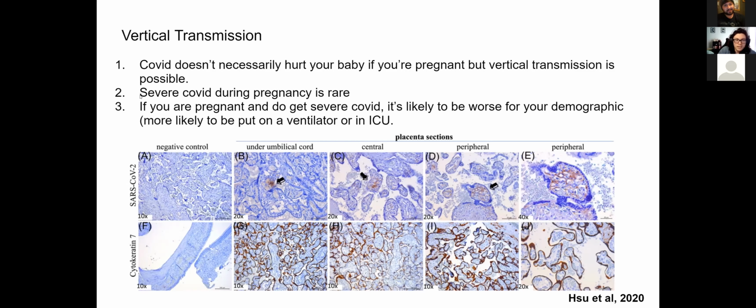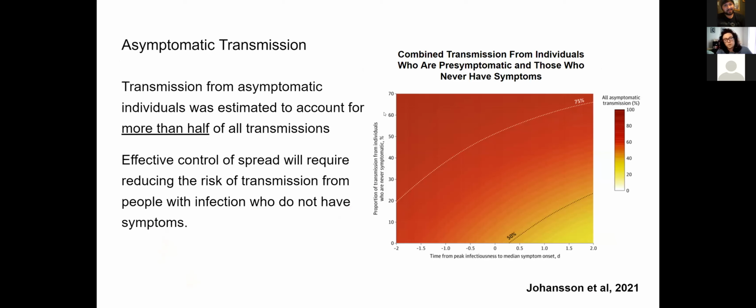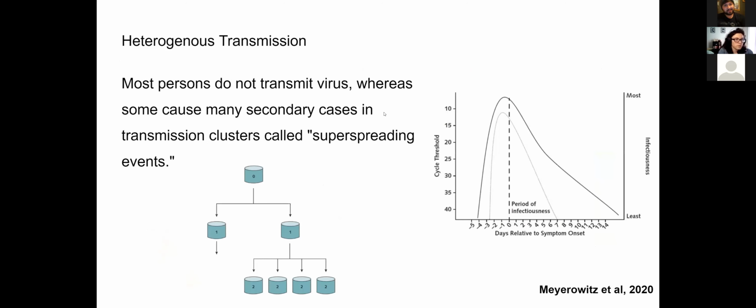If you're pregnant and you get COVID, you're less likely to get a severe case, so in some ways you're protected a little bit. However, if you're one of the unfortunate few who does get severe COVID, it's going to be significantly worse. So it's like, you're better until you're not, and then it's really bad.